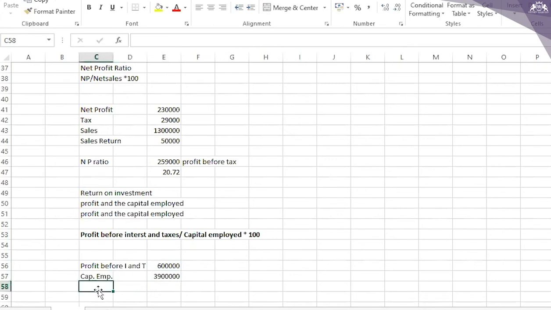So the return on investment is equal to 6 lakhs divided by 39 lakhs as a percentage, 15.38%. This will show that my capital is getting a return of 15% in the business that I am doing. Okay.